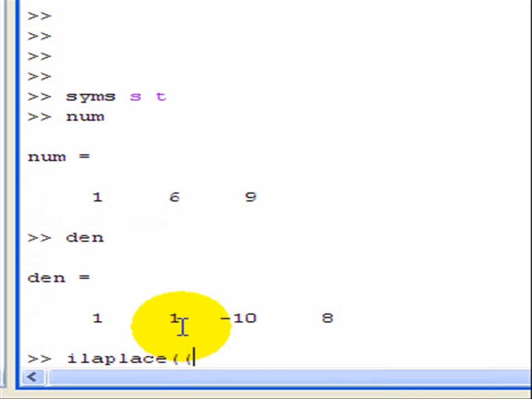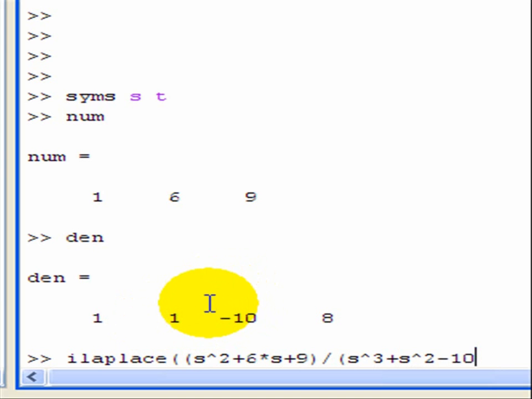Now we're going to do the numerator, which is basically s raised to the second power plus 6 times s plus 9. We're going to divide that by s cubed plus s raised to the second power minus 10 times s plus 8.